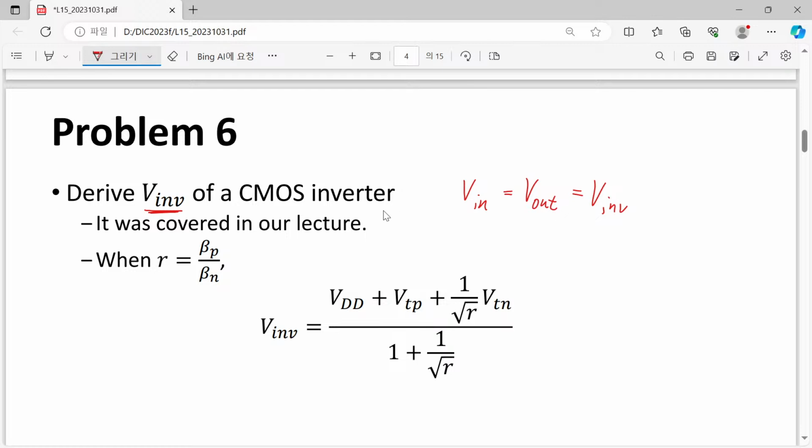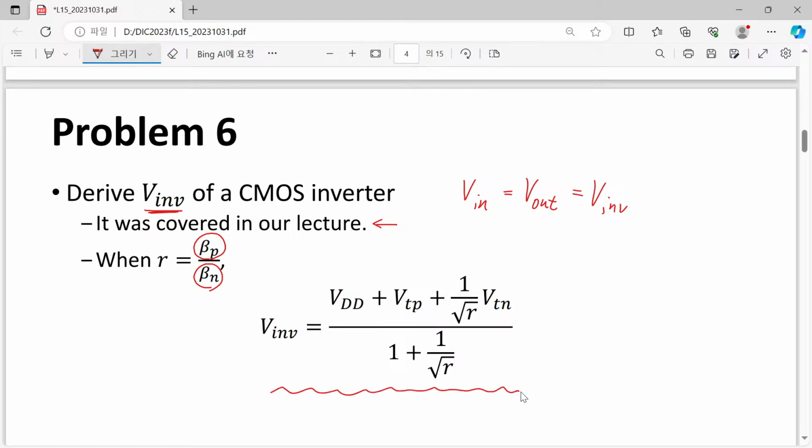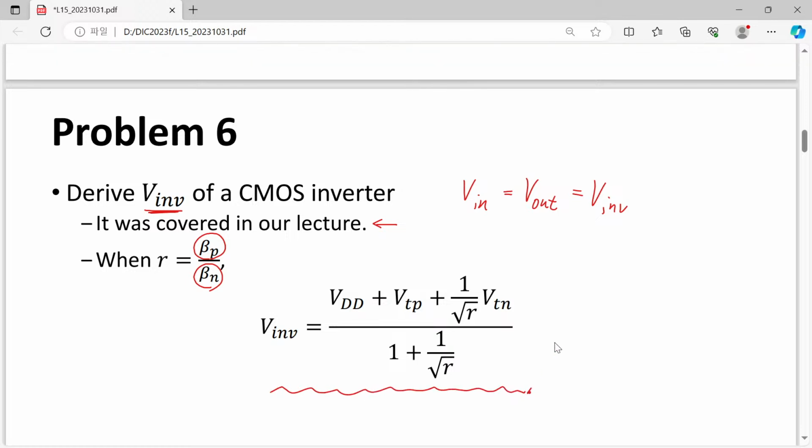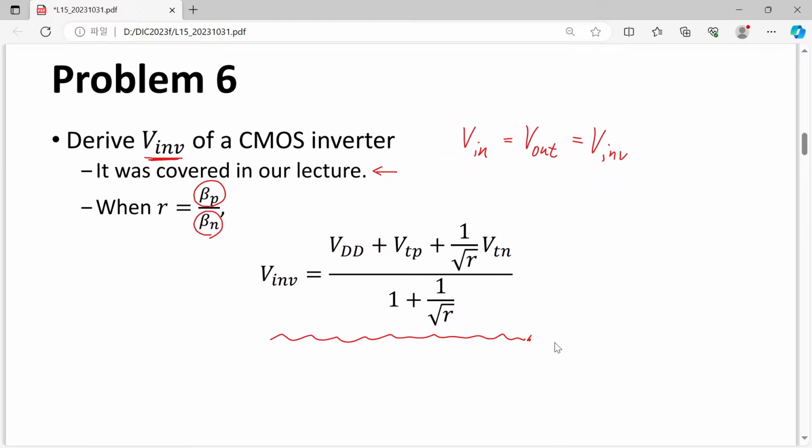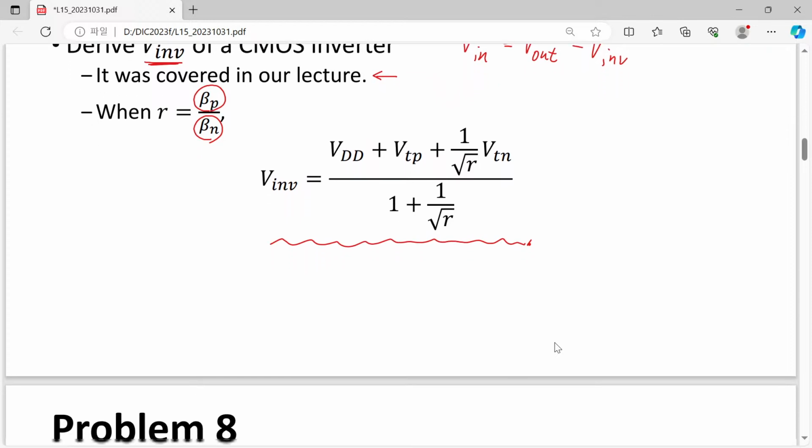It was already covered in our lecture, and when we define the ratio between our PMOSFET strength and NMOSFET strength, then we can arrive at this form, so you can easily understand the solution. If you have any question, then please let me know.